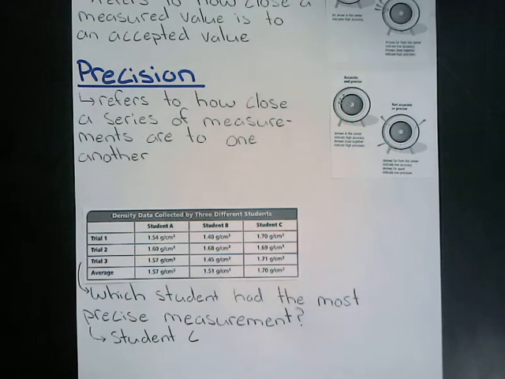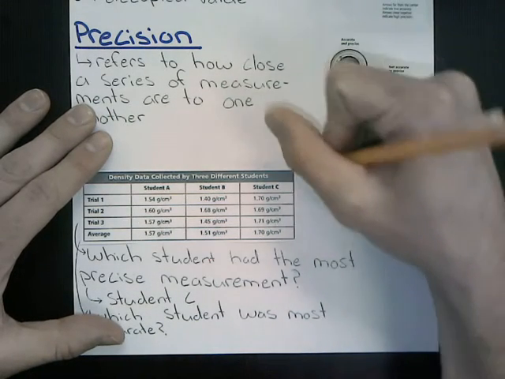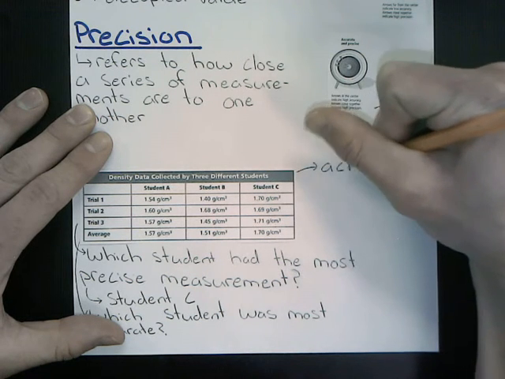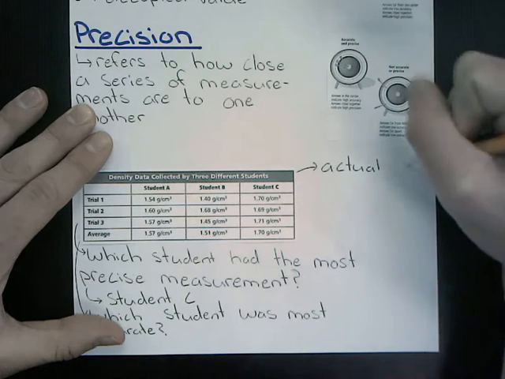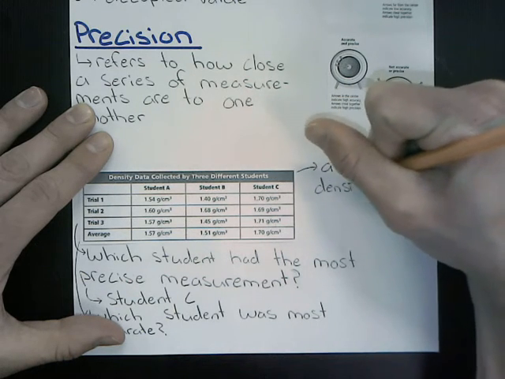Now, what I want you to identify from this set of data is which student was most accurate. And I should note this: the actual density from this set of data was 1.59 grams per centimeter cubed.